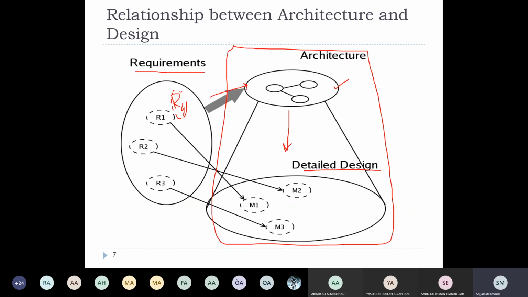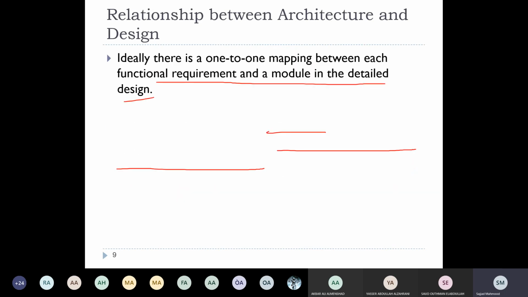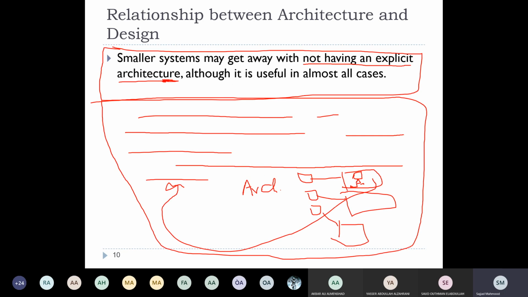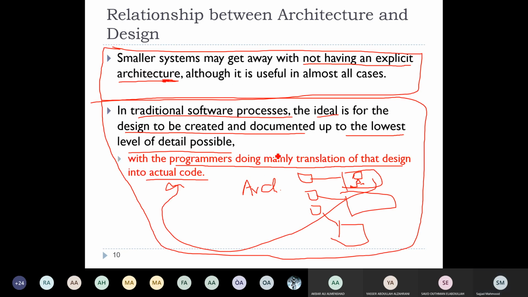Let me go back. Is everybody on board with me on what a design is? When we say design, it means I'm going to have architecture, I'm going to have detailed design. They go hand in hand. And the second thing is, when you are designing your applications in a very traditional way, you will come up with a design document and then you will do the coding.